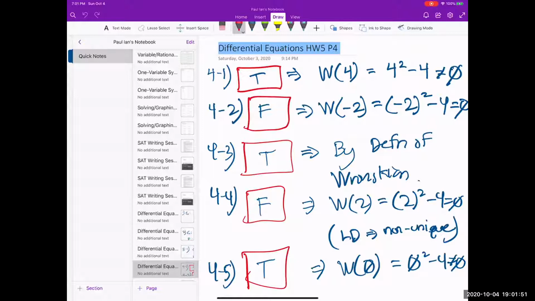I think one of the reasons is that for certain t's it could be linearly independent, and for other t's it could be linearly dependent.